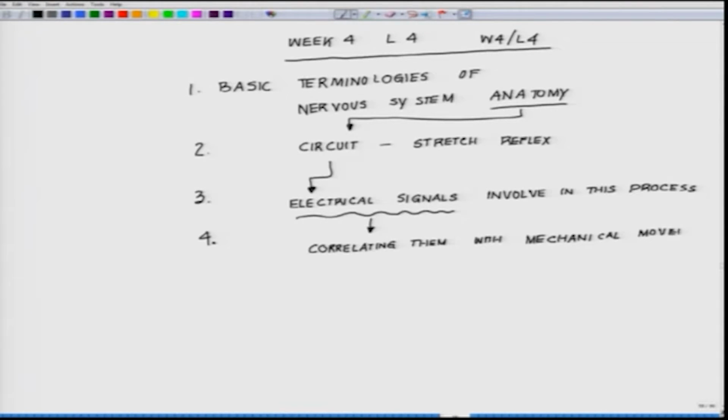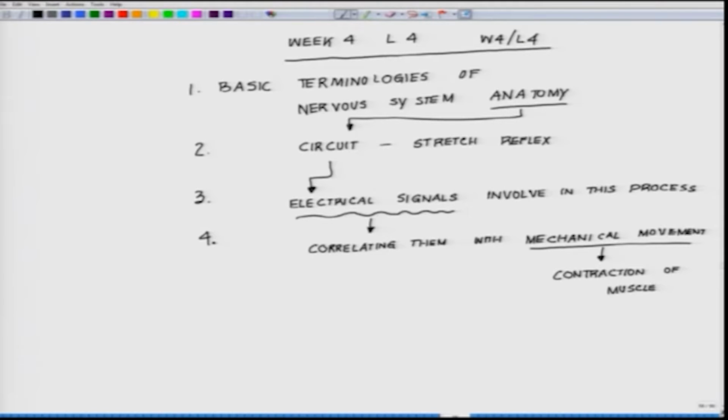And this mechanical movement we are talking mostly about the contraction of muscle.